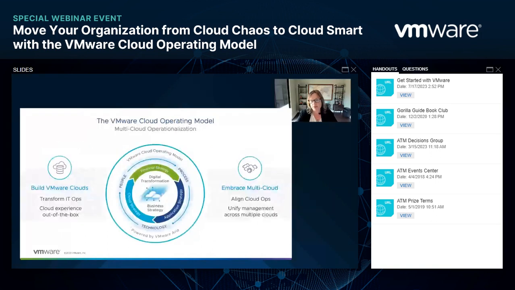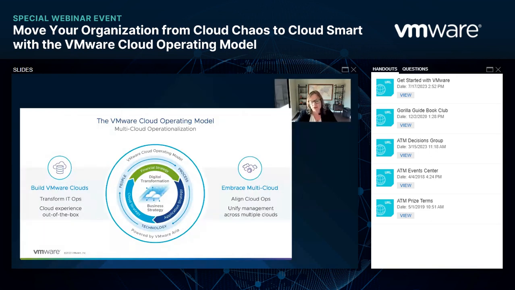So what we term as the VMware Cloud operating model has a few different pieces to it. But when we look at what Aria brings, it really brings two distinct but connected sets of capabilities to our customers. Now, the first is to the VMware, the existing vSphere environments, or the new vSphere environments with VMware Cloud.